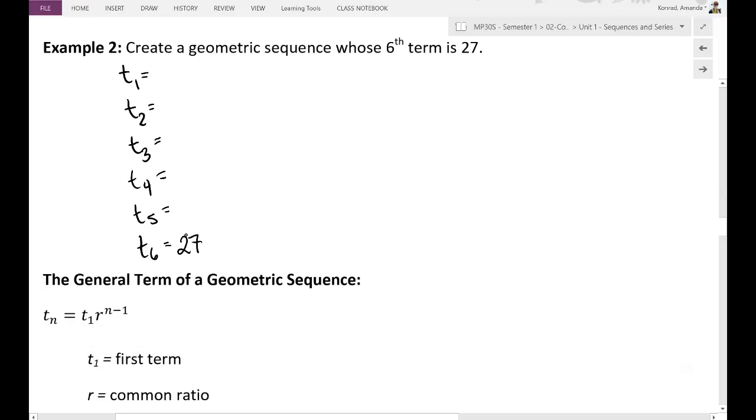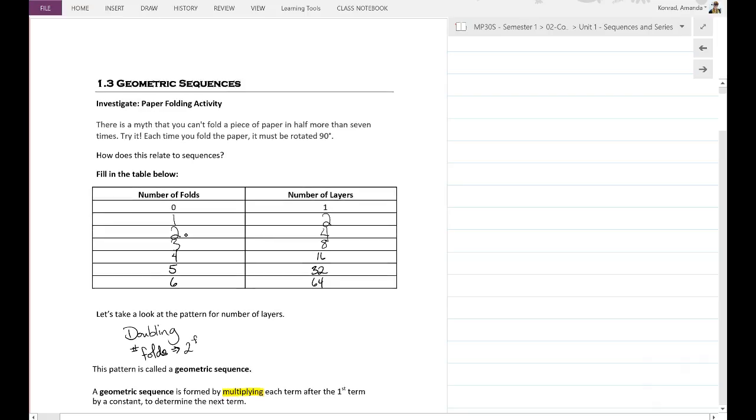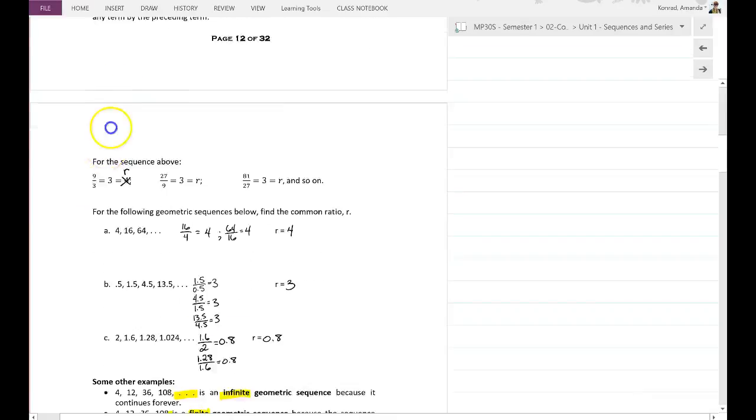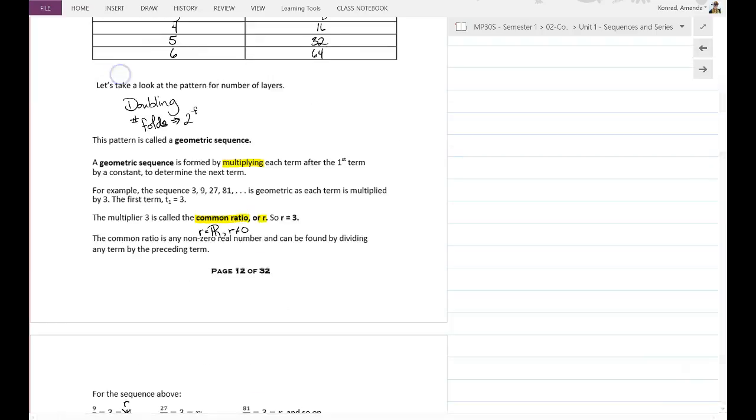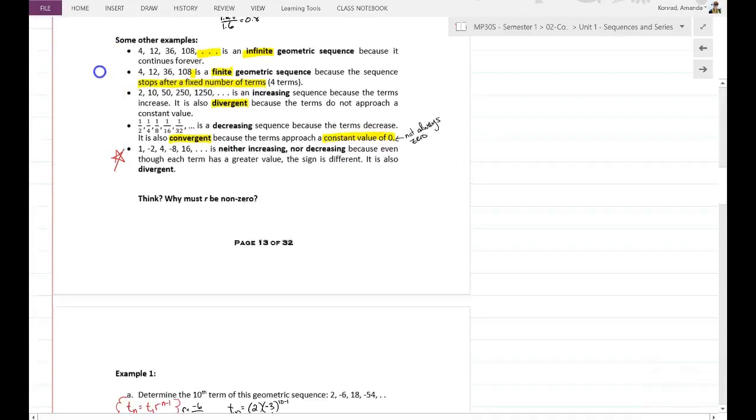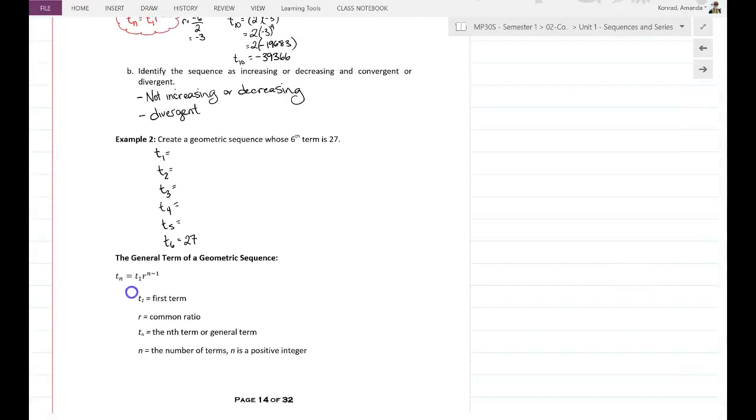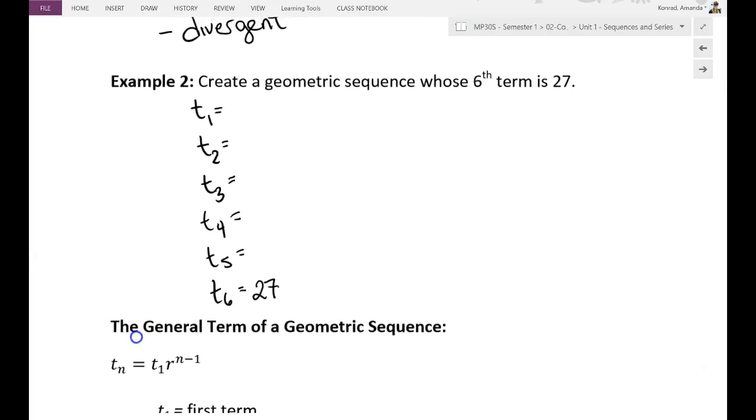So you can do this a couple ways. My personal preference would be to choose an R value. And then we can just go from there.